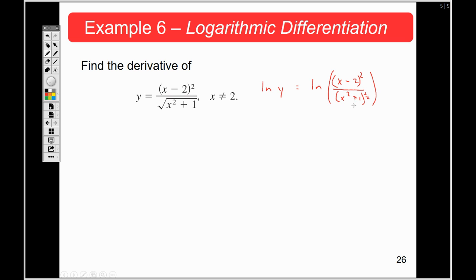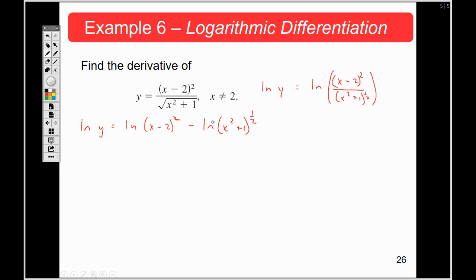On the right side, there's some cleaning up I can do using those log rules. I'm going to split this into bigger pieces because it's easier to take the derivative of each individual piece rather than do the quotient rule and all of that, right? So the left side stays natural log of y. The right side is the natural log of x minus 2 squared, minus the natural log of x squared plus 1 to the 1/2.